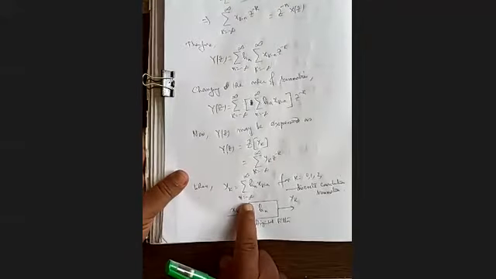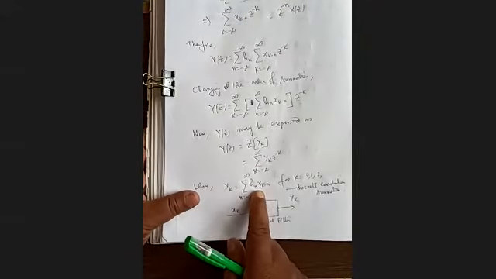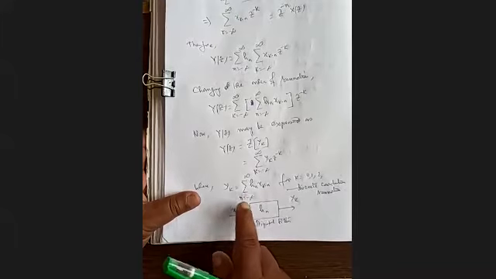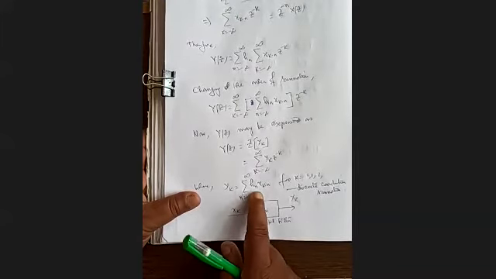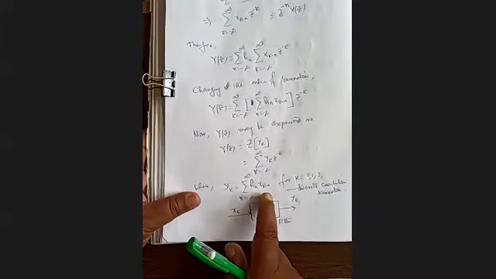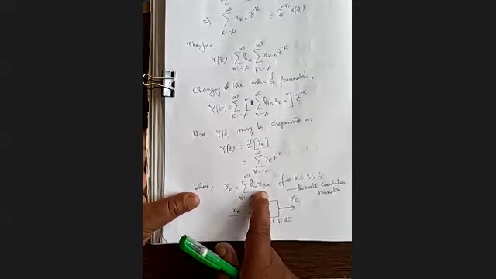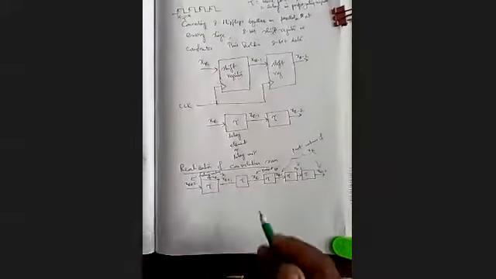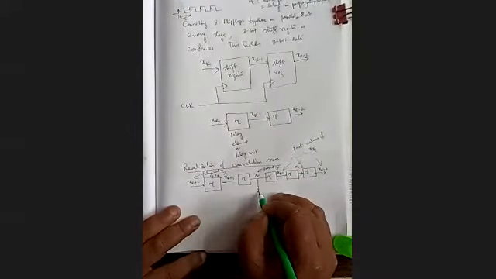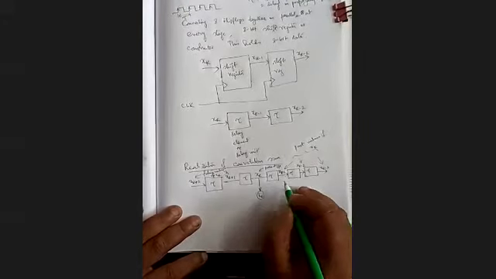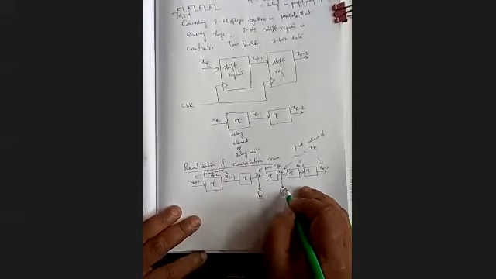Now note that when we put n equal to 0 here, what happens? It will be XK into h0. When n equal to 1, it will be h1 into XK minus 1. When we put n equal to 2, h2 into XK minus 2. So ultimately XK will be multiplied with h0. XK minus 1 will be multiplied with h1.